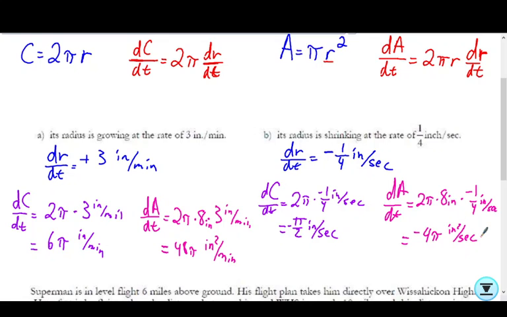Okay, so in this case we have a direct relationship between the two. But that's what related rates is all about. It's like, how is one changing and causing the other to change? Hence the name related rates, because they are related in some way.